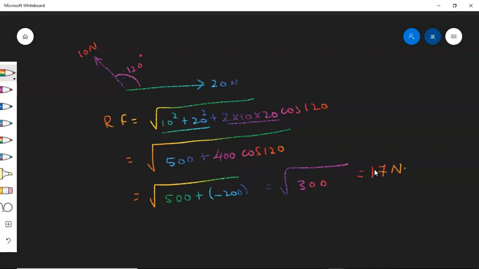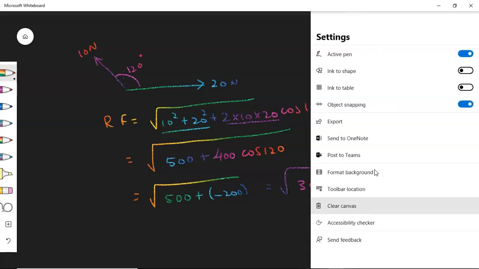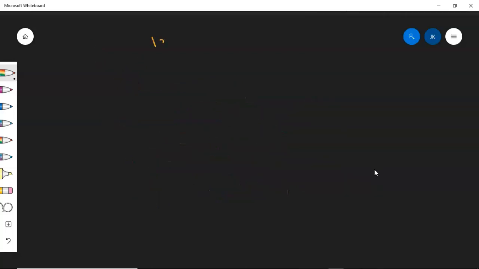Now we have 120 plus 30, 150 degree. Here is 20 Newton, 10 Newton, angle between them 150 degree.